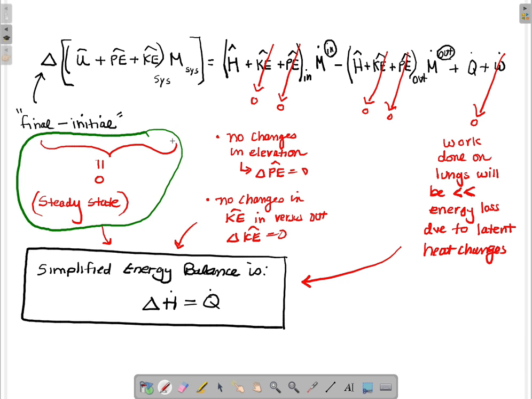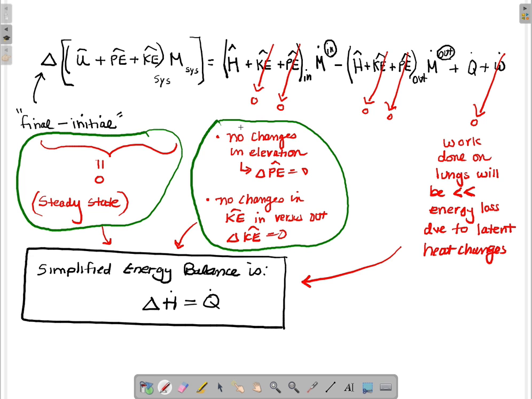Over here on the right-hand side, if you look at the kinetic energy and the potential energy changes as we are breathing, they're both going to be 0. Potential energy 0 because our mouths are at the same elevation when we breathe in and when we breathe out, in a typical situation anyway. And roughly speaking, the kinetic energy that we're breathing in is pretty much the same as breathing out. So that's where we're assuming those two sets of terms are 0.